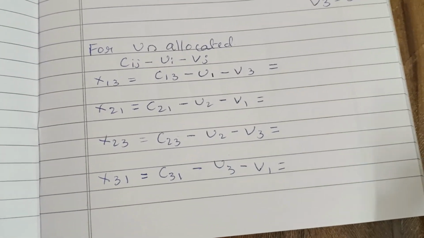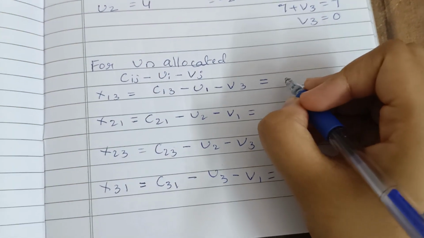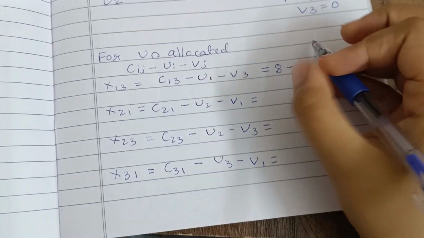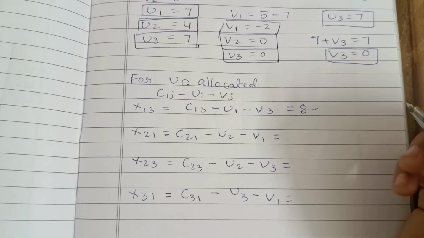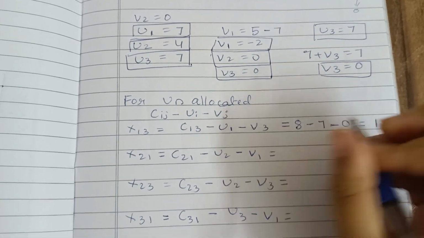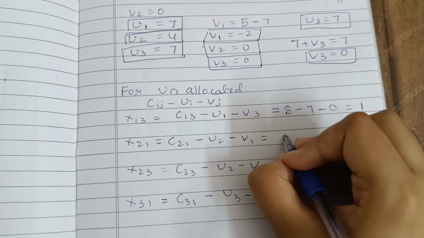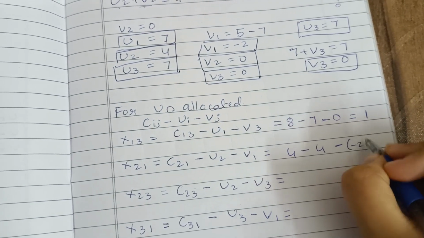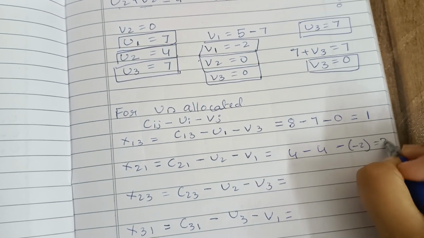Next, calculate the unallocated cells. This is the formula: C13 minus U1 minus V3. C13 is 8 minus U1, we got U1 as 7, minus V3 is 0, which gives 1. Next, C21, which is 4 minus U2, which is 4, minus V1, which is minus 2, which gives 2.